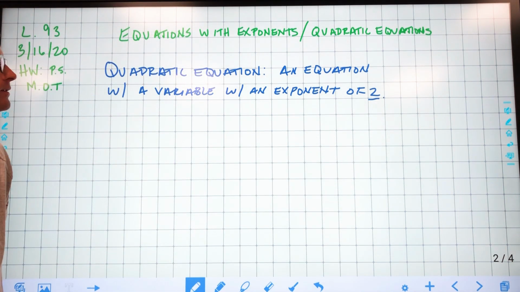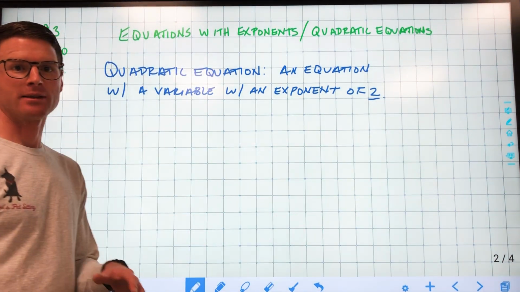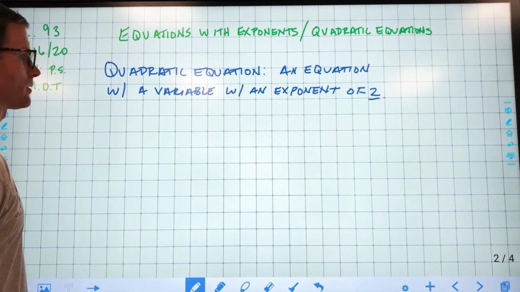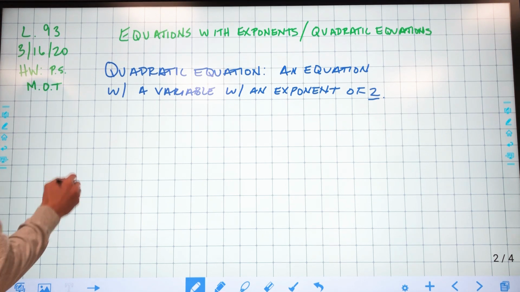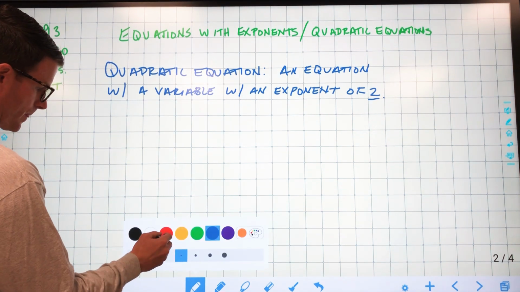All right, so nothing higher. The highest exponent in the equation is a 2. All right, so an example. So let's do our first example. All right, go red.